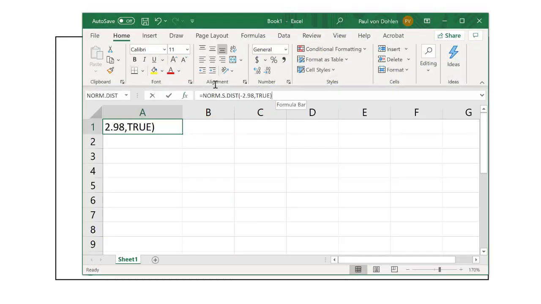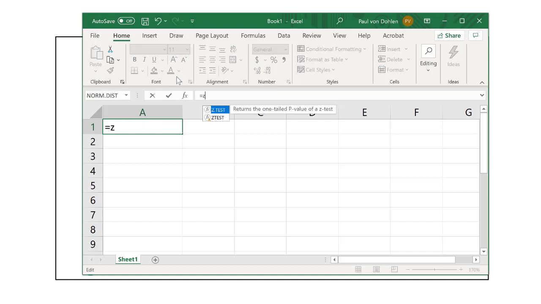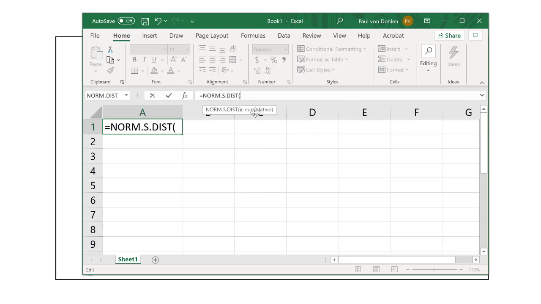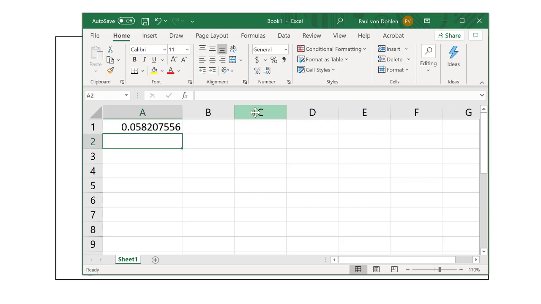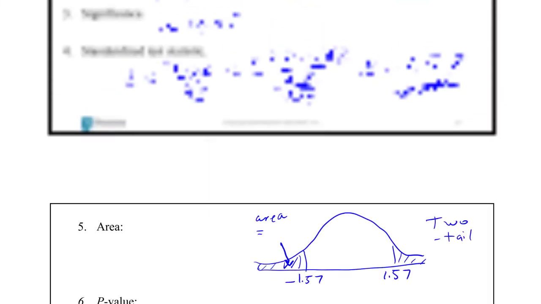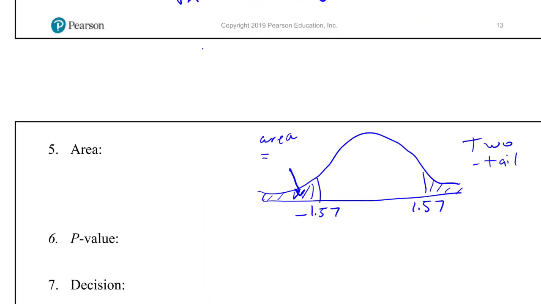So equals norm.s.dist of negative 1.57, true, gives 0.0582.